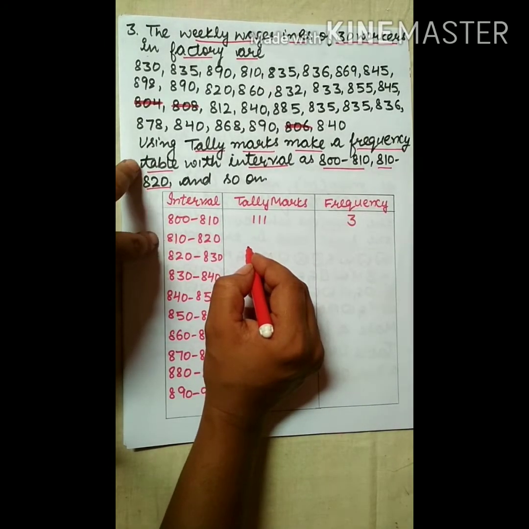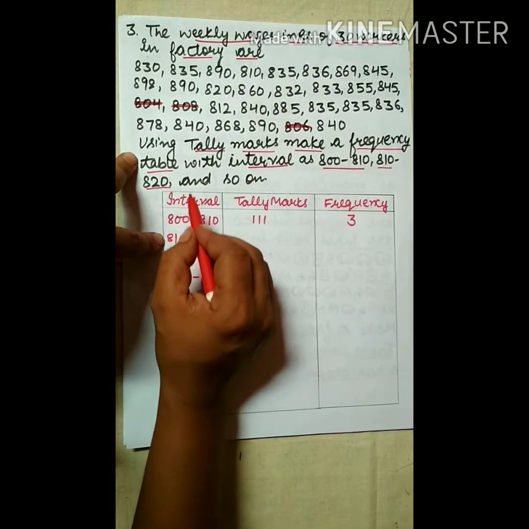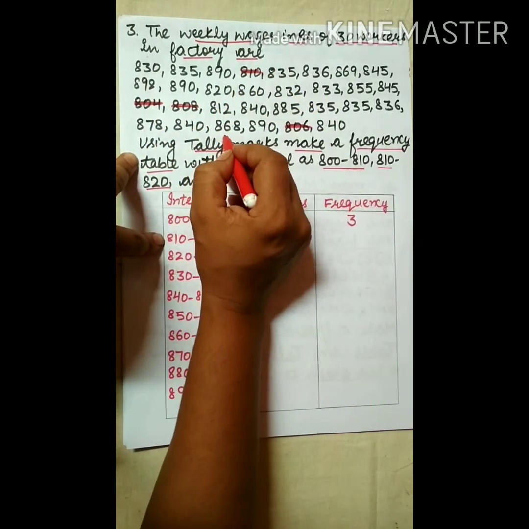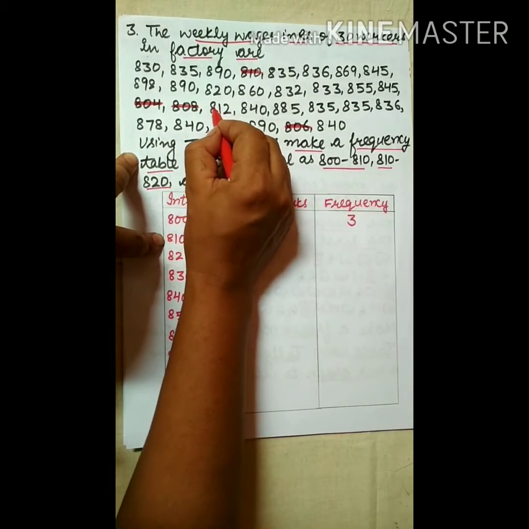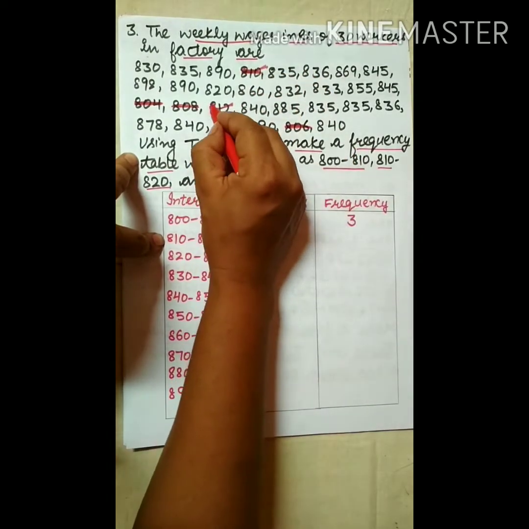Then 810 to 820. Now I have to find out the values from 810 to 820. Now this is 810, then is 812. I will just tick these values so that no confusion will be there.